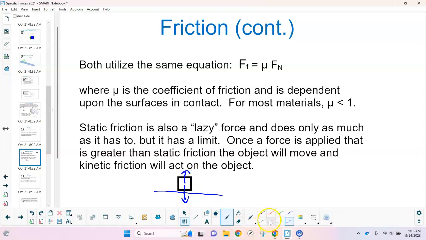Now, let's say I try to start pushing this object. So I'm just going to push a real little bit, like a really small arrow, and let's say I don't push it enough so it starts moving. So this red arrow is the push. I didn't affect the up and down at all. In order to keep it balanced, the friction is going to have to push the opposite way with the same amount.